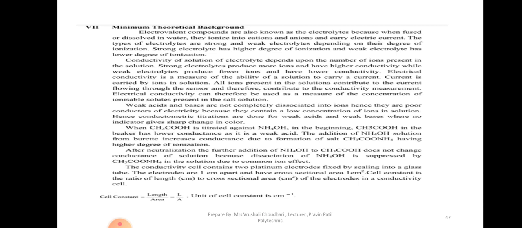But when different salts are dissolved in water, cations and anions are present and the conductivity of the water increases. So conductivity directly depends upon the number of ions present in a solution. Strong electrolytes have a large number of cations and anions, so they are conductors of electricity.